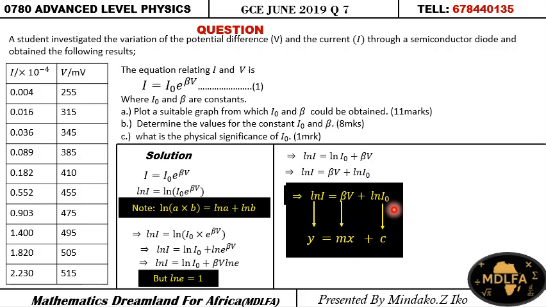So take note: when you are plotting your points and it's coming out like a curve, please cross-check your work and ensure that there are no errors. Either you use this format or this other format. After linearizing, you can say that you are plotting a graph of ln I against voltage, or against V, with gradient beta and intercept ln I naught.